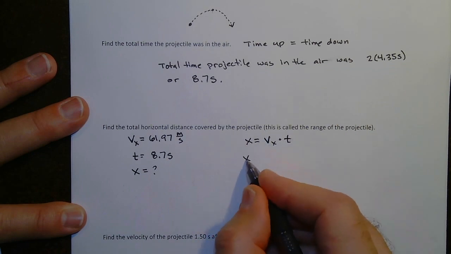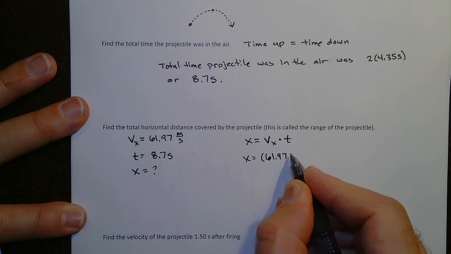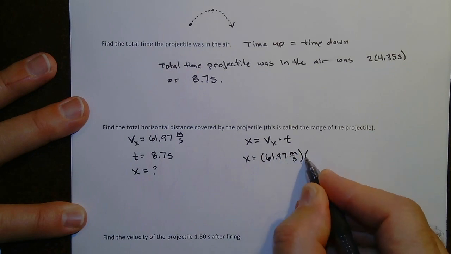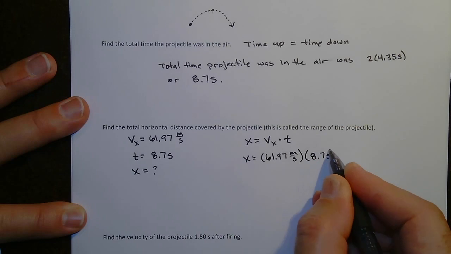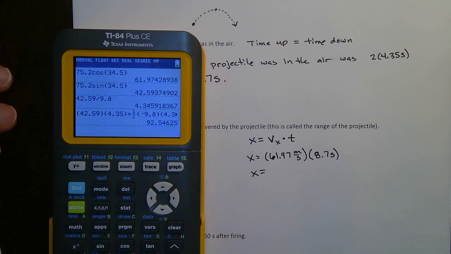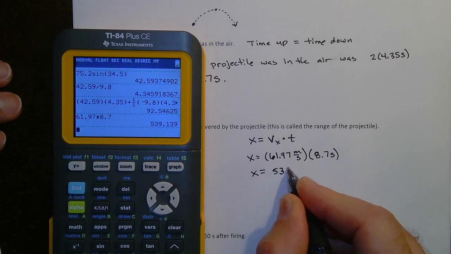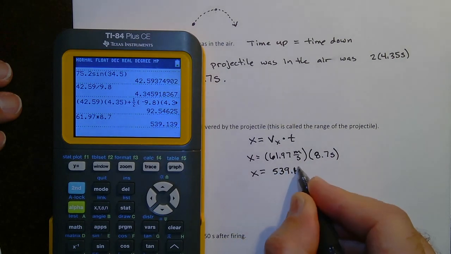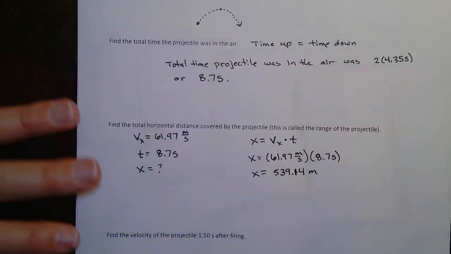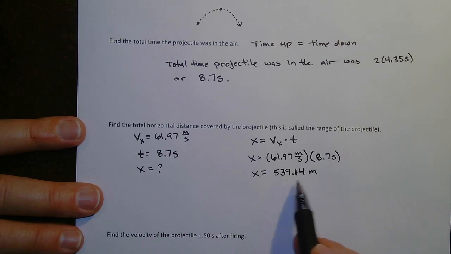So x is equal to my horizontal velocity, 61.97 meters per second, times 8.7 seconds. 61.97 times 8.7, and we get 539.14 meters. So the total horizontal distance covered by the projectile went that far horizontally.